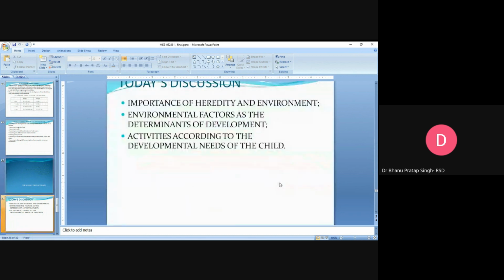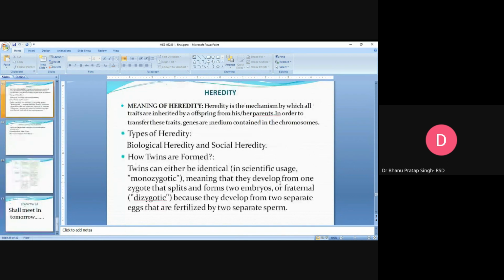So, in this unit, we will discuss the importance of heredity and environment, environmental factors as determinants of development, and activities according to the developmental needs of the child. So, quickly, we discuss this topic. First, we take heredity.